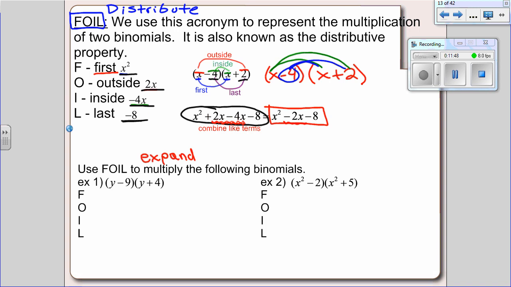I'm going to use FOIL to multiply. The F in FOIL means multiply the first terms. The first terms are these ones. Y times y gives me y squared.